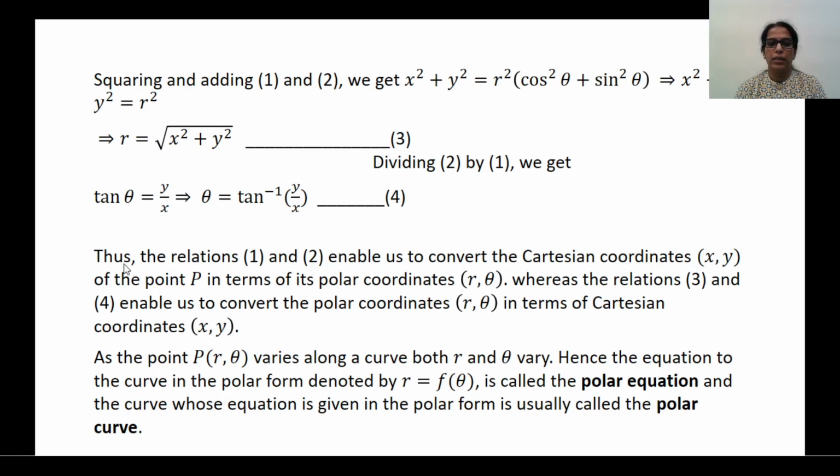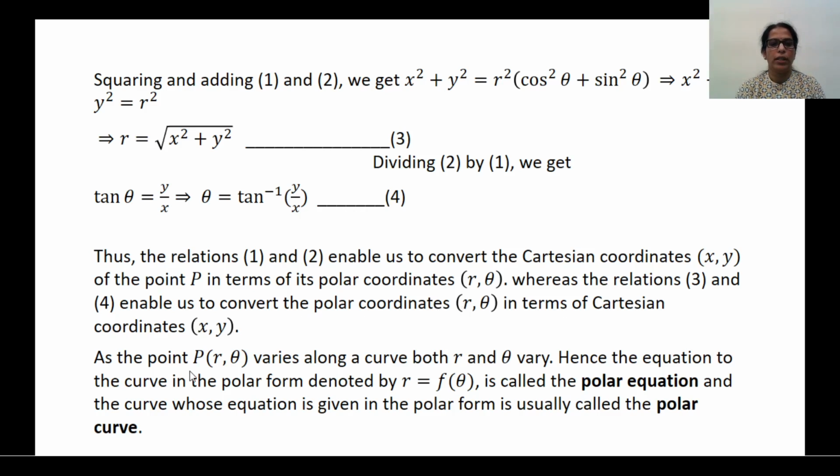Thus the relations 1 and 2 enable us to convert the Cartesian coordinates x comma y of the point P in terms of the polar coordinates r comma theta. Whereas the relations 3 and 4 enable us to convert the polar coordinates r comma theta in terms of Cartesian coordinates x comma y.